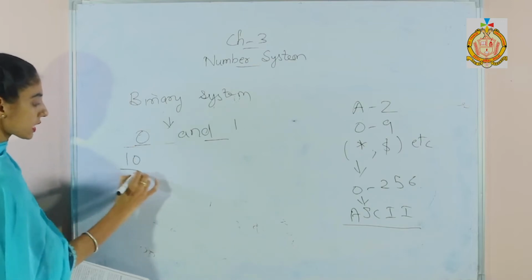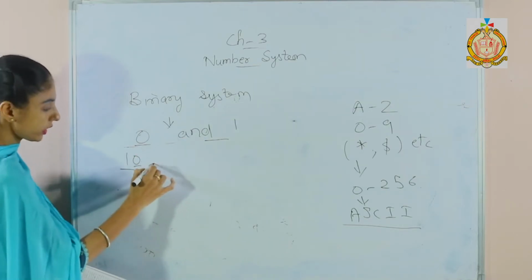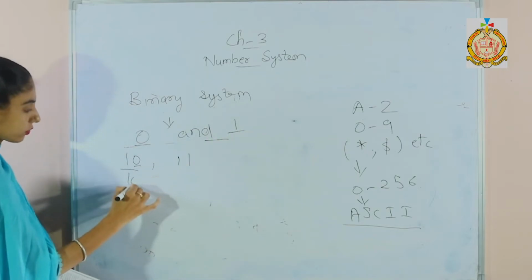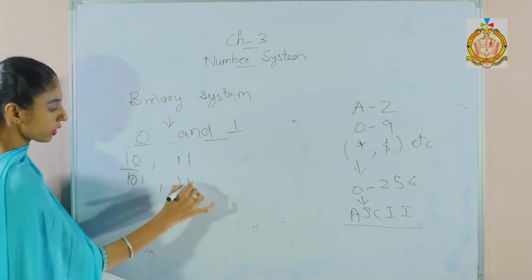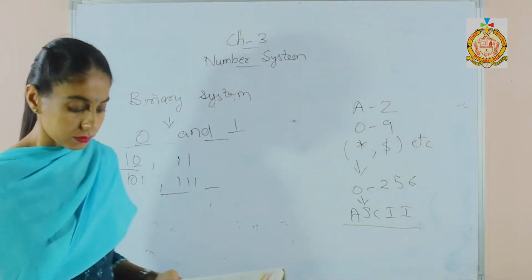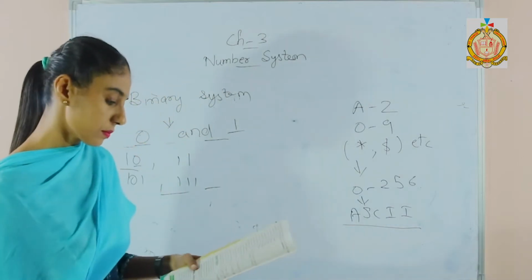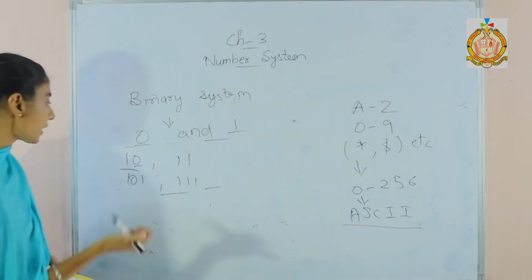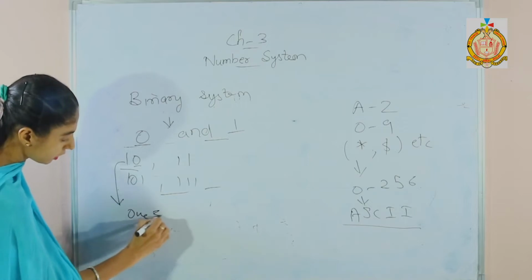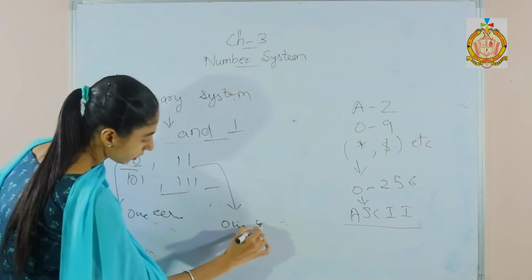We start from 0, then 1, and add 0 from the right side: 10, 11, 100, 101, 110, 111. We read these binary digits as 1 0, not ten, and 1 1.